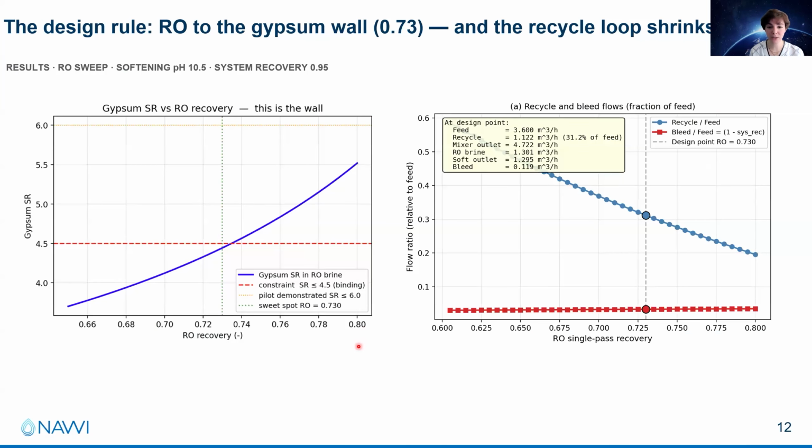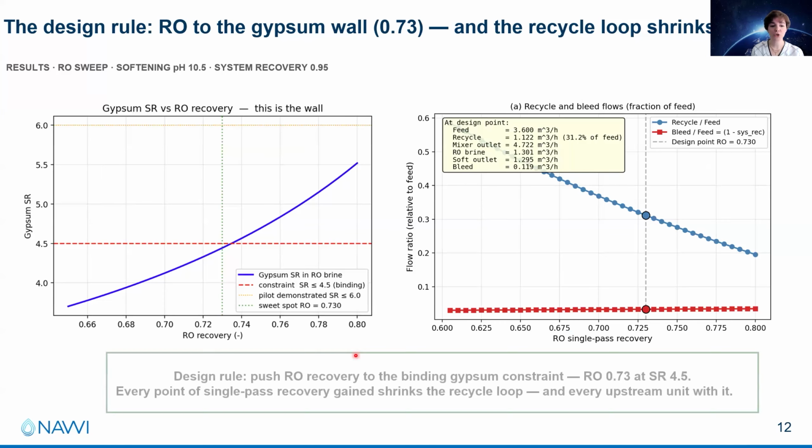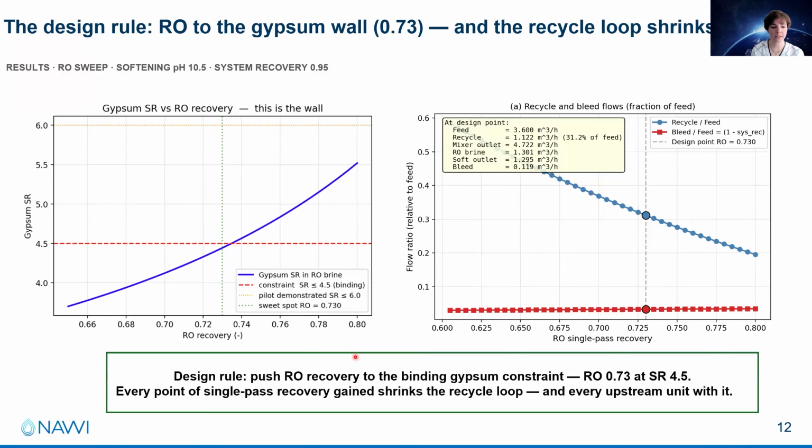Based on industry feedback, what we are going to do is operate your system at a point that pushes your RO recovery to just before the binding precipitate scaling constraint. Here our scaling constraint is for gypsum. We analyzed the whole flow sheet with regard to calcite, and we saw that at any operating point we are under the calcite limit of LSI 1.8 that our industry partner gave us.